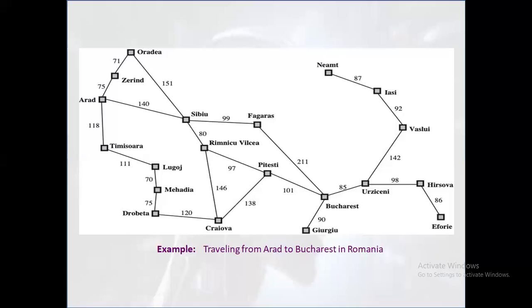For example, the agent may have several possible paths to choose from, such as Arad, Sibiu, Fagaras, and then Bucharest, or Arad, Zerind. Here, Zerind is available. Next, from Zerind, it has to go here: Sibiu, Fagaras, and Bucharest.